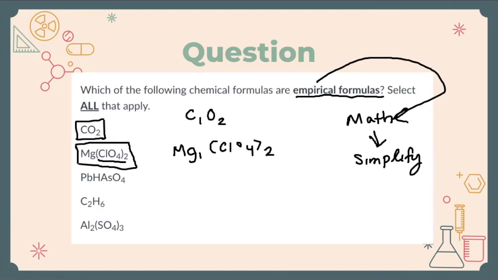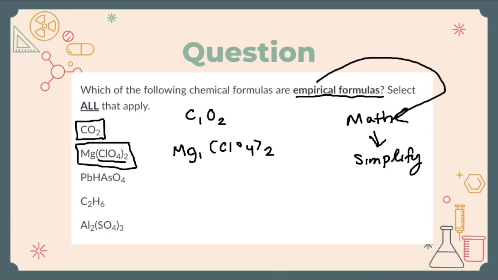Now let's take a look at a more complex formula. And it may trip you up, but again, if it's a polyatomic ion, make sure you group it together. If it's on the periodic table, group it together. So usually if you see capital letters, that's when you know you're moving on to a different element.